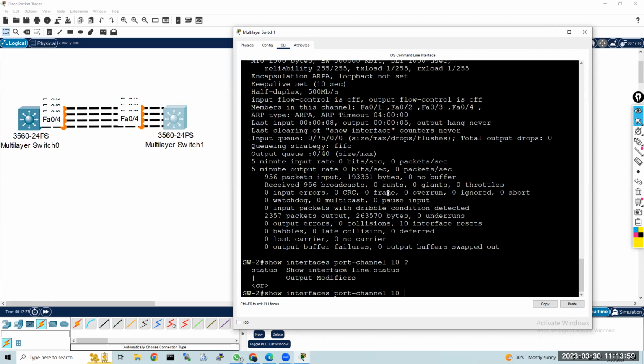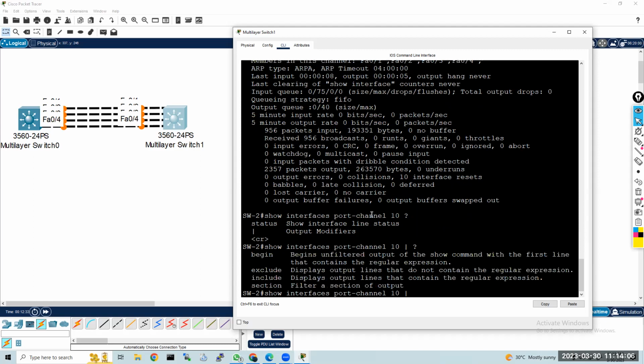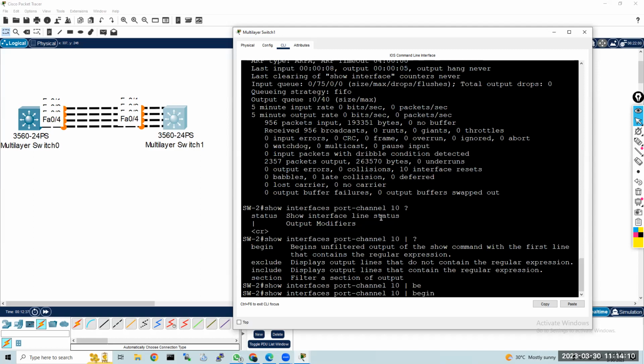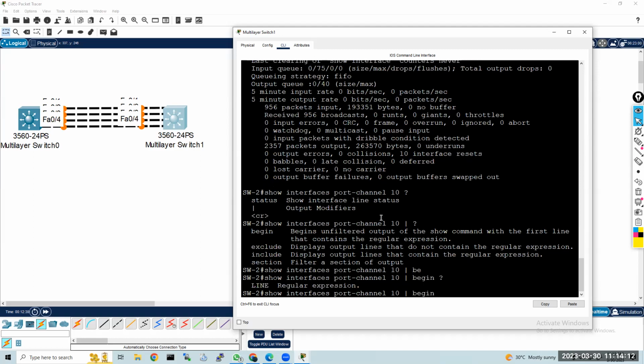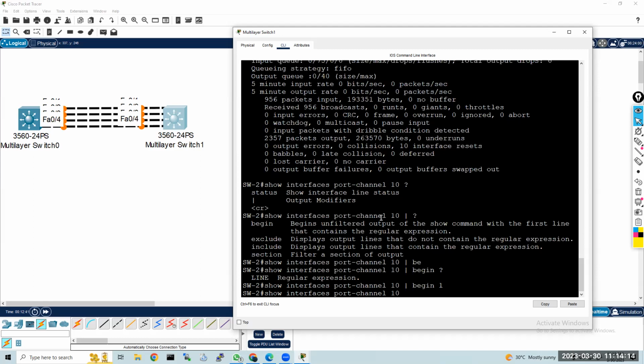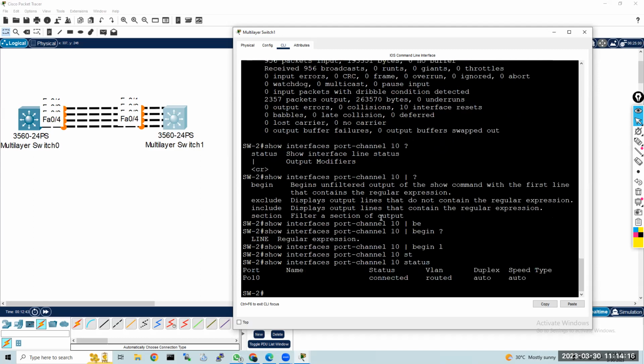We give the question mark and give this pipe, begin with line. We don't want this. Status is connected. Both are in auto mode, so you can make it on. You can do that by yourself, guys.